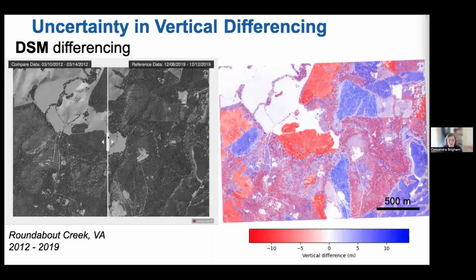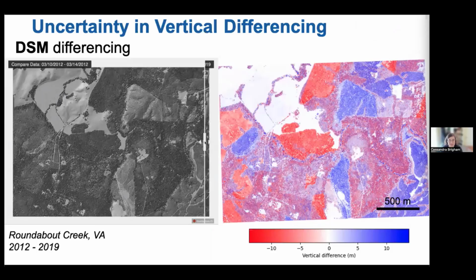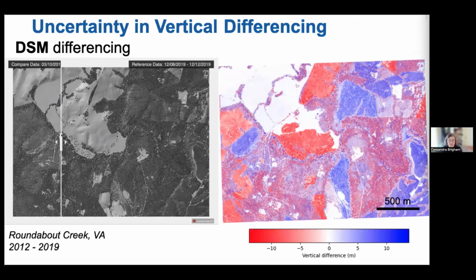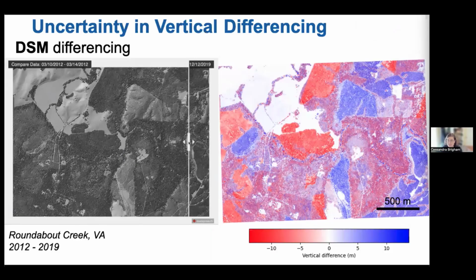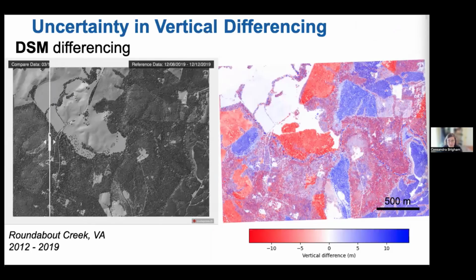All right, so I'm going to be talking a little bit about efforts we've made recently to make an on-demand uncertainty tool in OpenTopography. Let's start with a little exercise in trying to distinguish real change from uncertainty. Here we have an example of vertical topographic differencing from Northeast Virginia between a data set from 2012 and a data set from 2019.